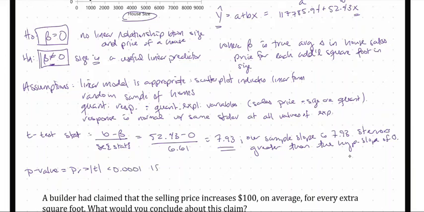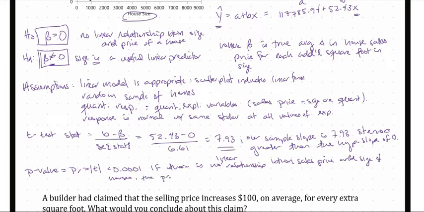This means that if there is no linear relationship between sales price and size of houses, the probability of obtaining a sample statistic, like a sample slope, at least as big, or at least as unusual as ours being this 52.43, is really small.